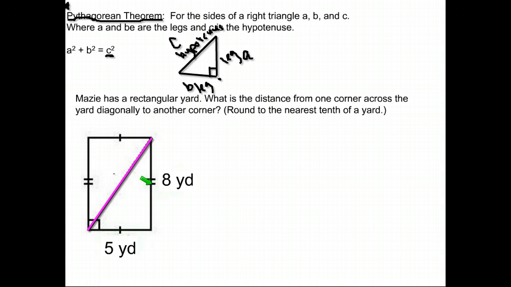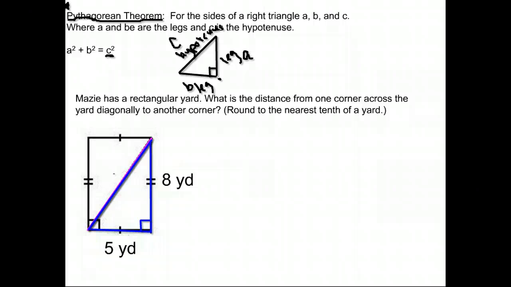If we just look at the two measurements we have, the 5 yards, the 8 yards, and then the line that we're trying to find, what shape are we working with there? We're working with a right triangle. That's exactly right. So we can use the Pythagorean theorem.